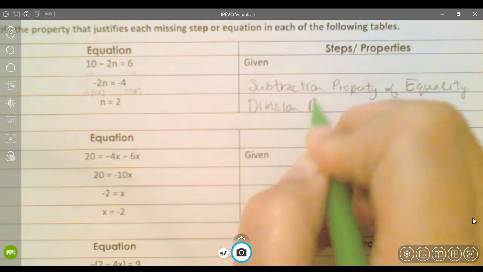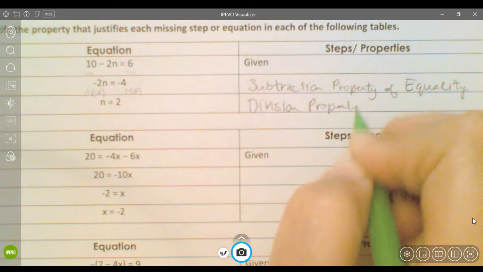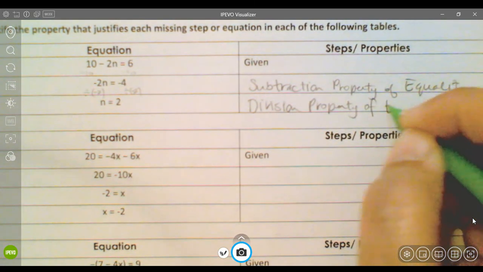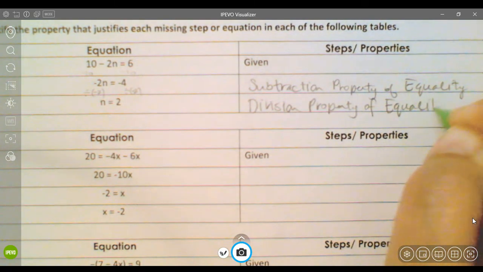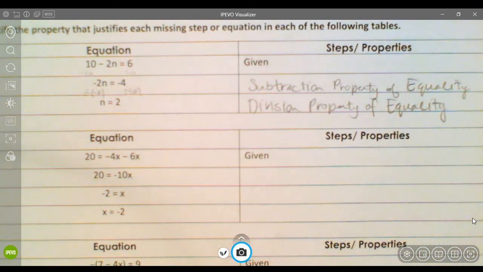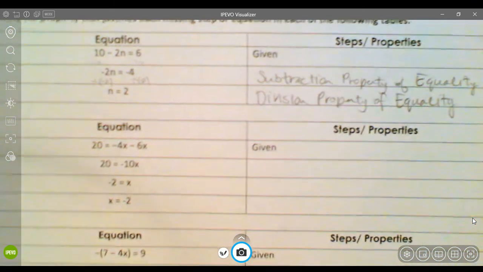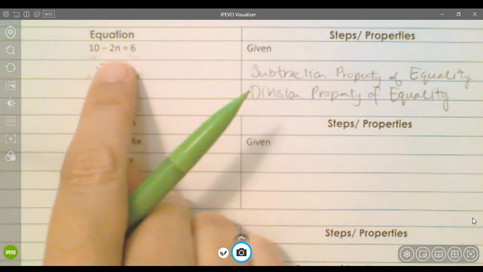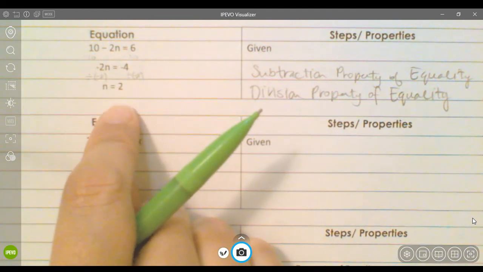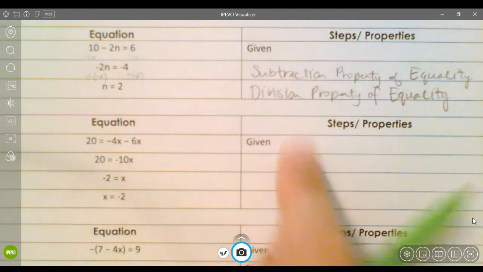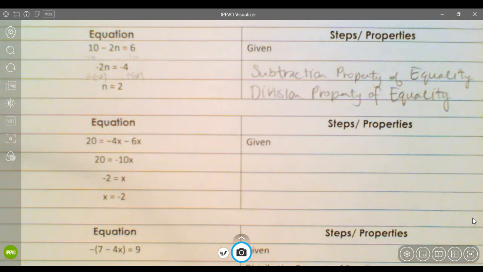The division property. And we're done. So what you're used to doing is just going straight to solving. And I'm forcing you to go in and name each step that you do.